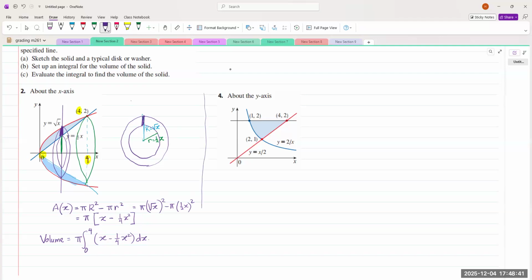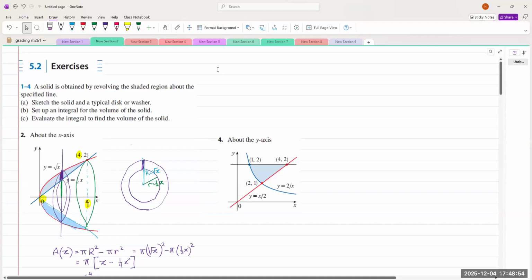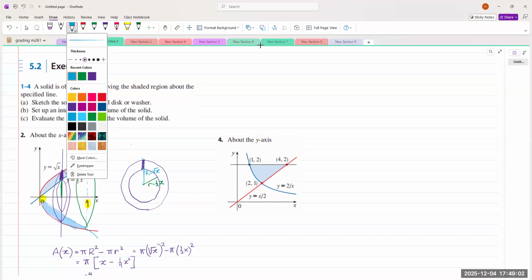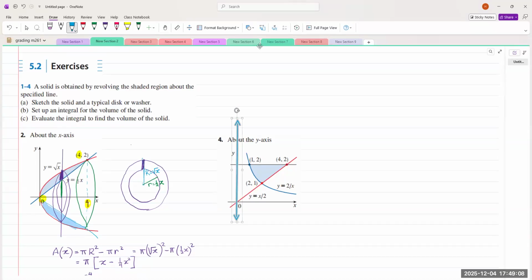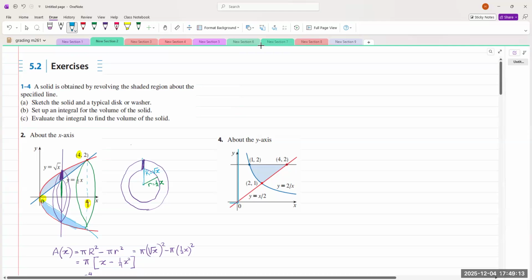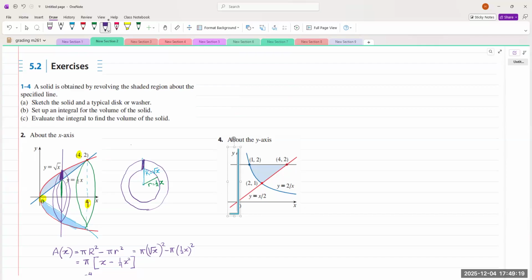Let's go on with number 4. I don't want to draw the line there because here we will revolve about the y-axis. Because I revolve about the y-axis, when we use the washer method, if the axis of rotation in this case is the y-axis, then the typical line has to be perpendicular to it.